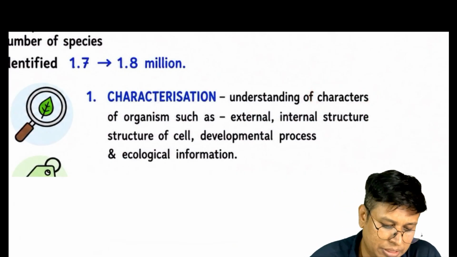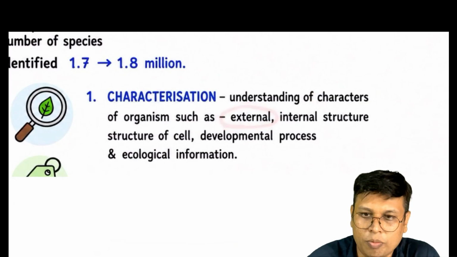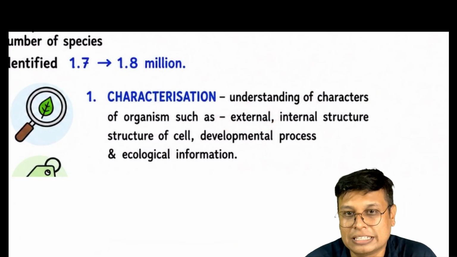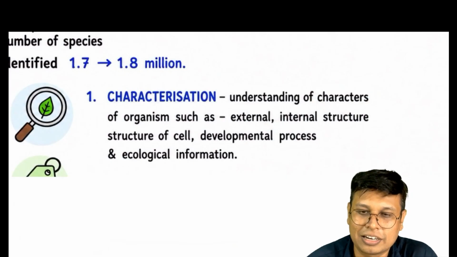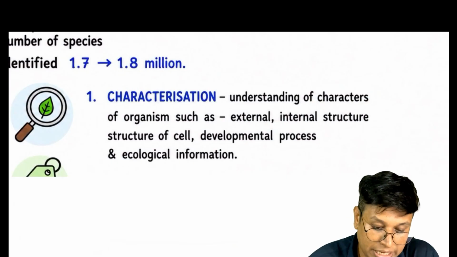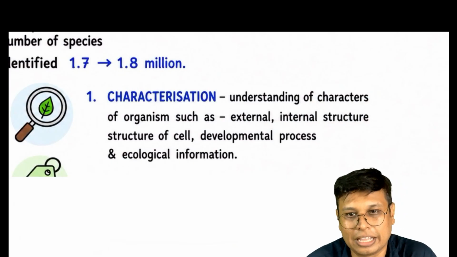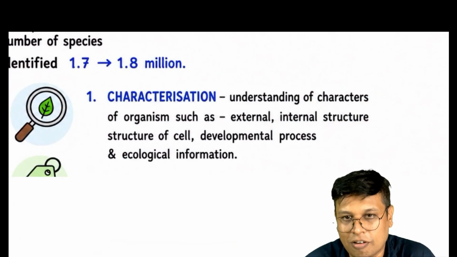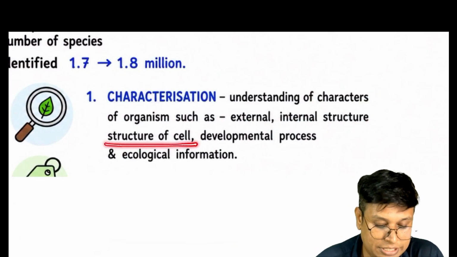So we can go with the external structure or internal structure. This external structure is very popular in early on because it's related with morphology. Morphology again, it is a study of external features. Internal structure is nothing but anatomy. Internal structure after taking transverse section, longitudinal section, and then we have structure of cell.